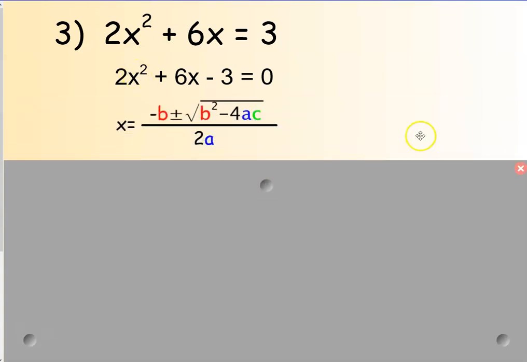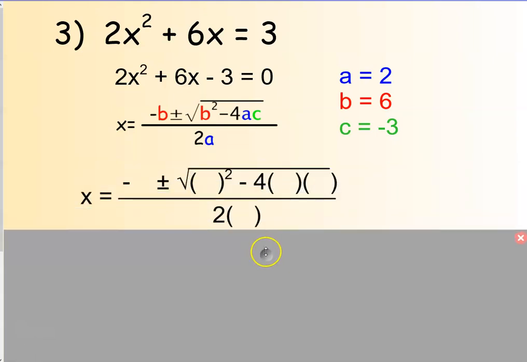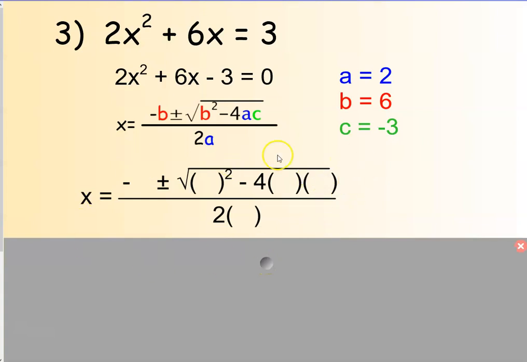There's the quadratic formula. We identify A as 2, B as 6, C as -3. Now would be a good time to pause the video, plug numbers in, and see how far you can get. Well, hey, welcome back. Hopefully you did that. Again, these are the bones of my quadratic formula.